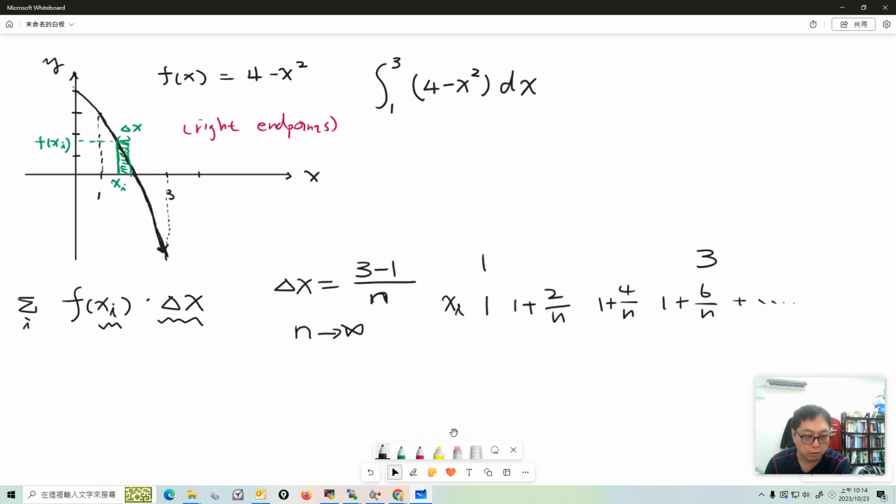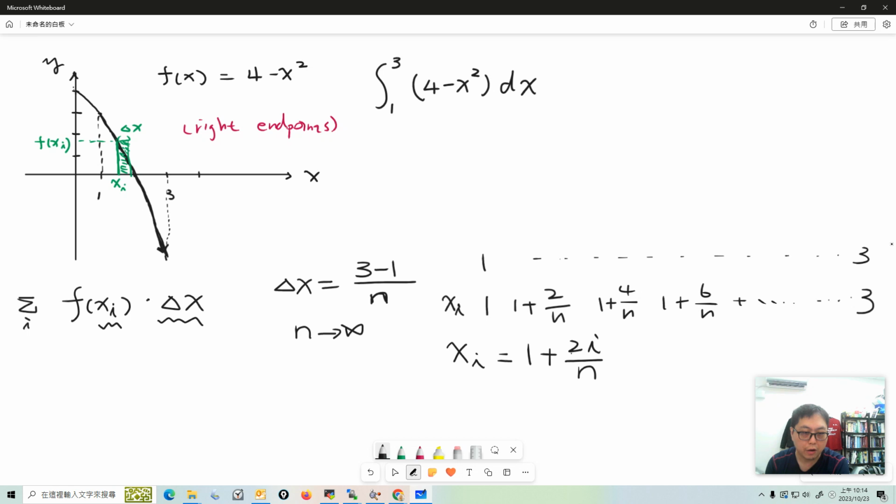Going all the way from 1 to 3, our endpoint is 3. So how do we express xi? Our xi is 1 plus 2i over n.